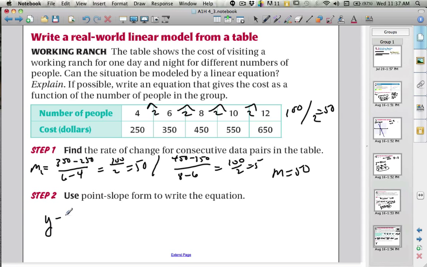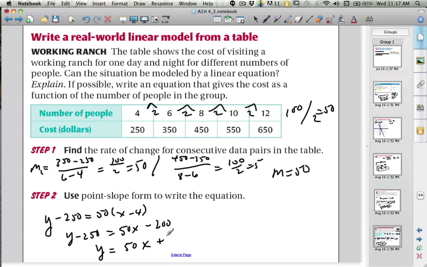I'm going to take the first one. y minus 250 is equal to 50 times x minus 4. When I distribute the 50, I'll get y minus 250 is equal to 50x minus 200. And when I add 250 to either side, I'll get y is equal to 50x plus 50. And that's my equation. Okay, so that's it for section 4.3.